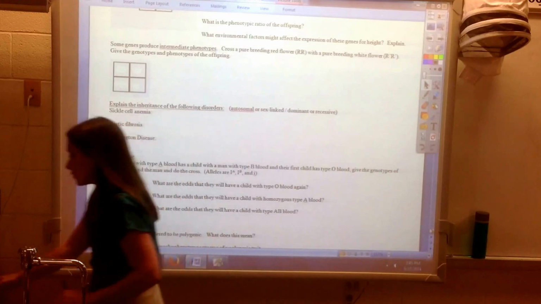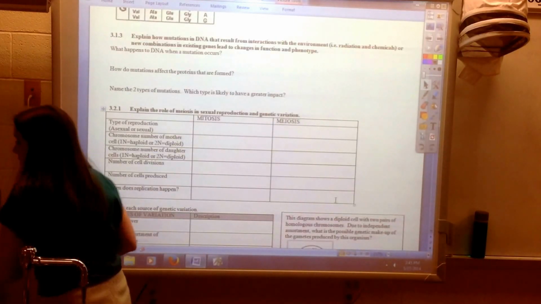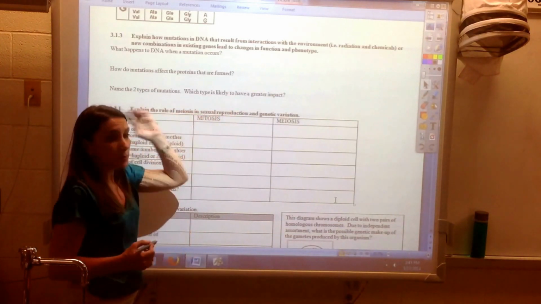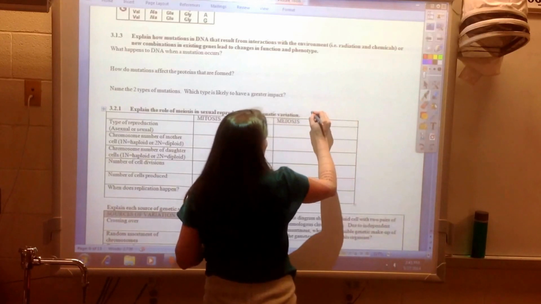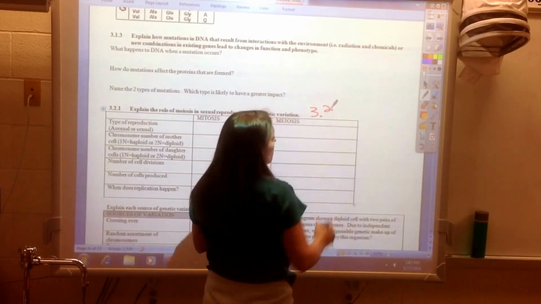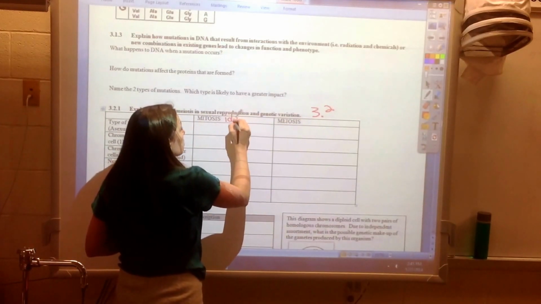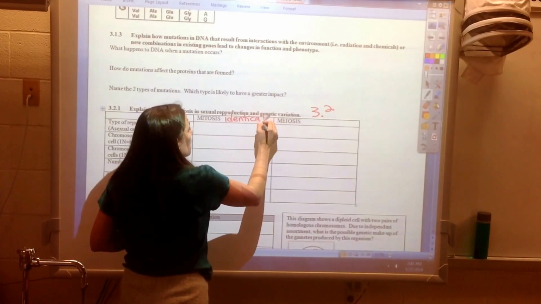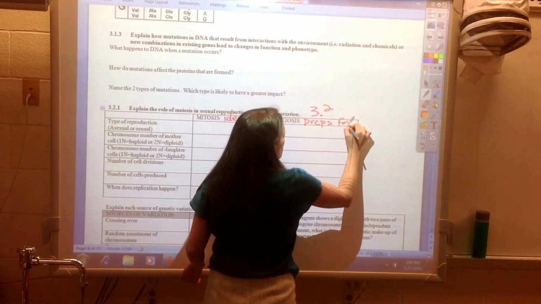Oh, I skipped too far. And look here, explain the role of meiosis in sexual reproduction and genetic variation. This is also from section 3.2. This is when we talked about mitosis makes identical cells, and meiosis preps for sexual.